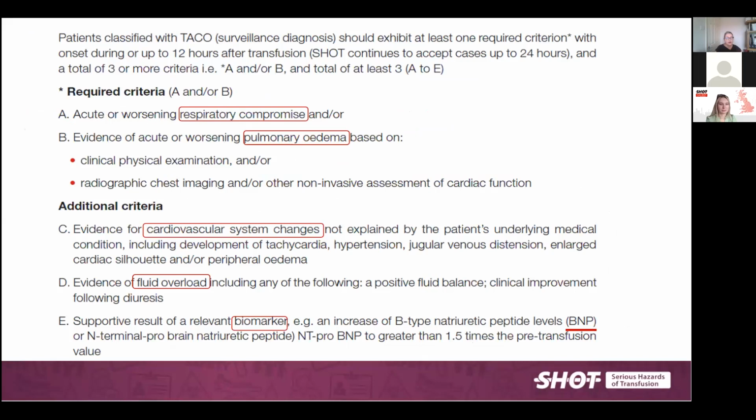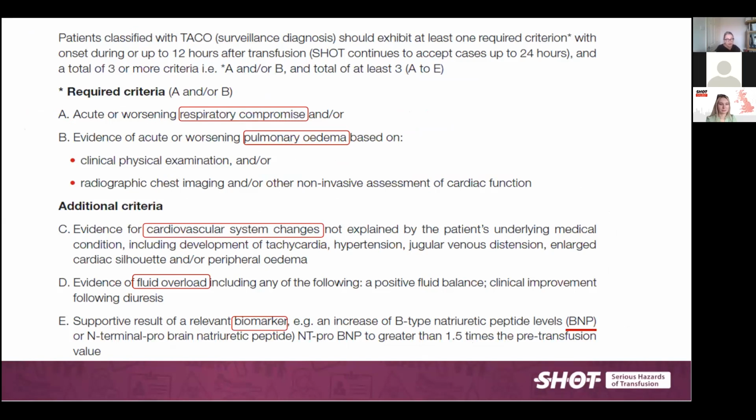So these are the criteria, and it requires a patient to have these categories fulfilled within 12 hours of transfusion, and like I said, SHOT accepts cases up to 24 hours. So there should be at least 3 or more criteria scoring positively on these criteria. So A and/or B, so there should be respiratory compromise and/or pulmonary edema present.